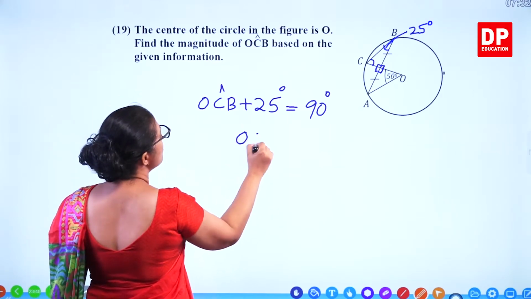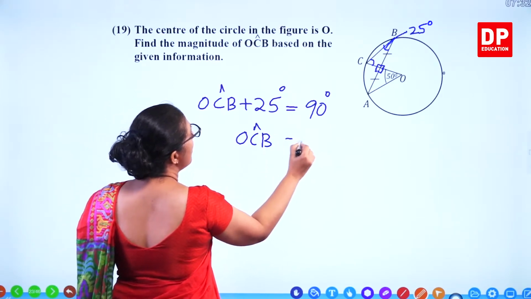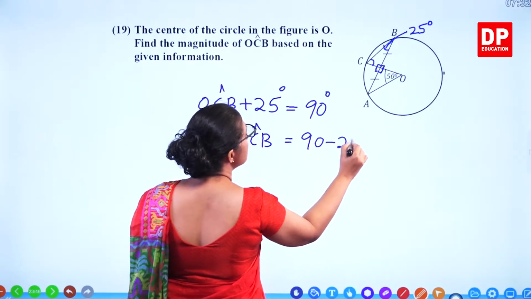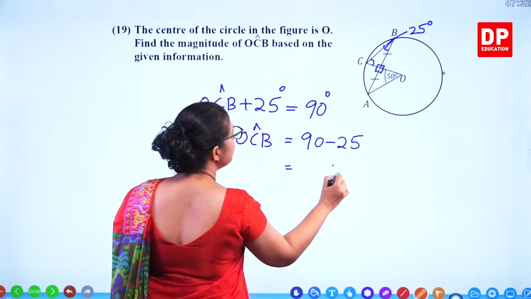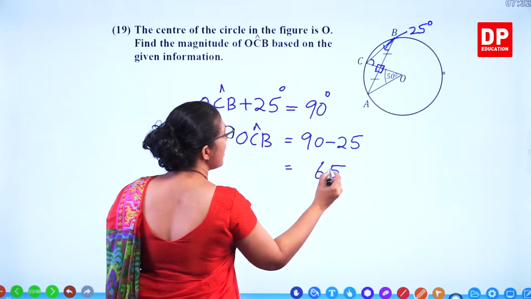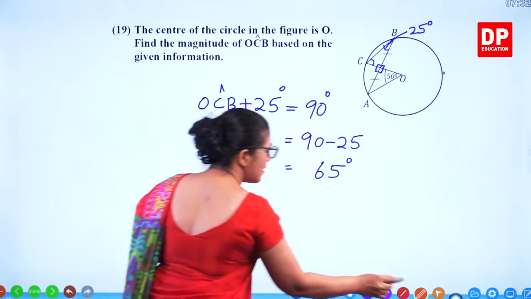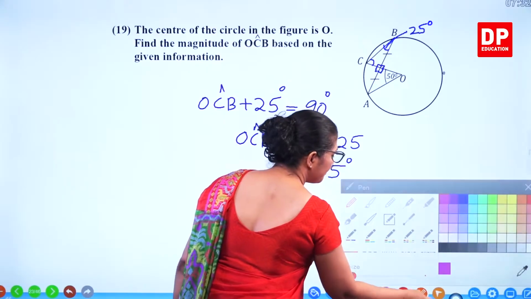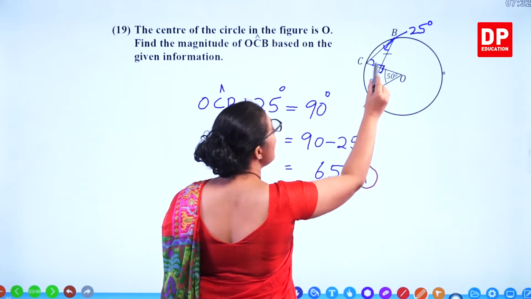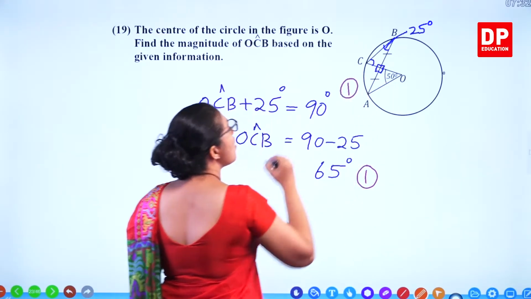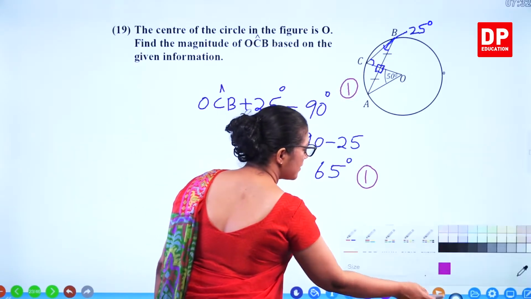So what is OCB? 90 minus 25. You get 65 degrees. So that's the answer. So 1 mark here and 1 mark to identify the other angles.